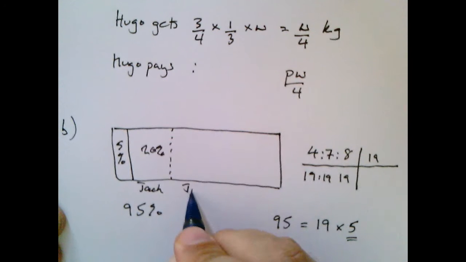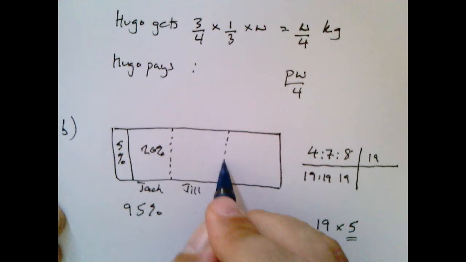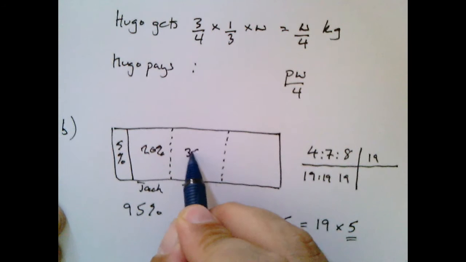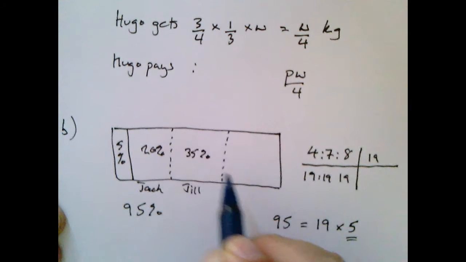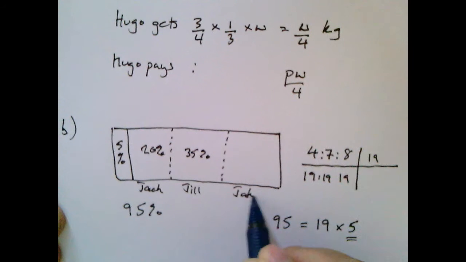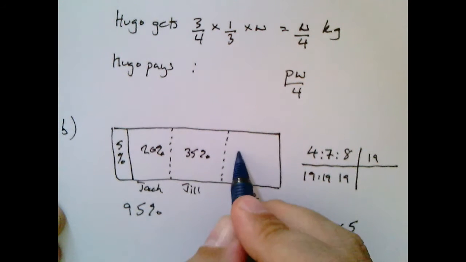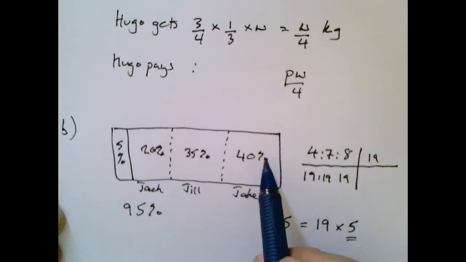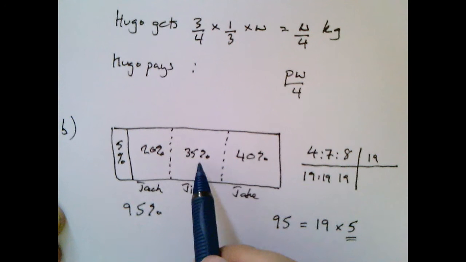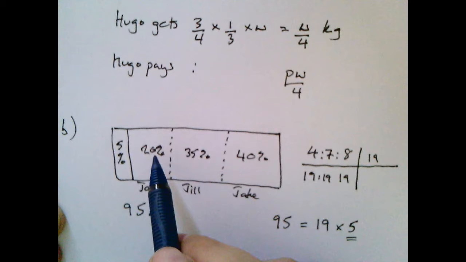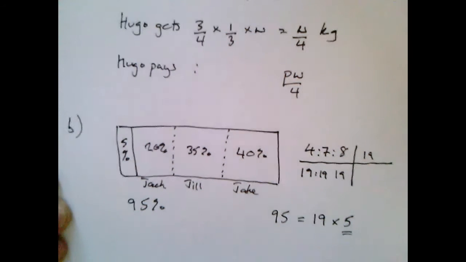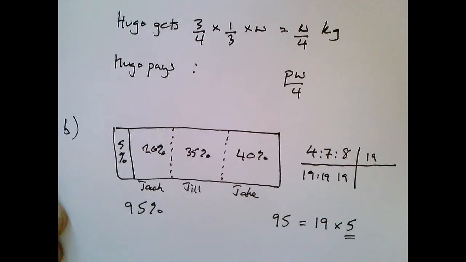Jill gets 5 times 7, which is 35%, and Jake gets 5 times 8, which is 40%. Let's just check those add up. 40 plus 35 is 75, 95, 100. Right. So we've got part of the way there.